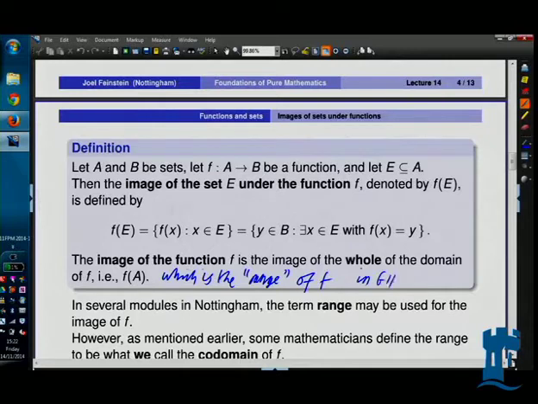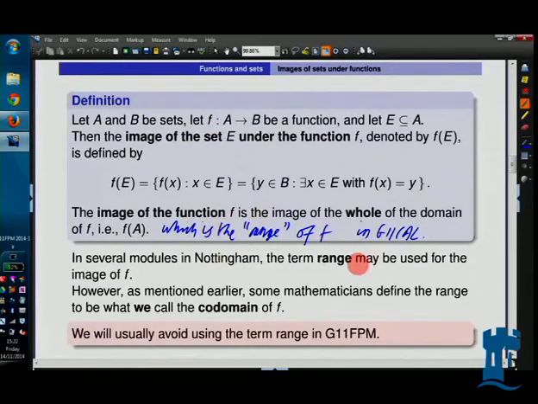In calculus, so it's not a new concept, except that the only thing that might be new here is that you might not be used to applying it to subsets rather than to the whole thing. As it says here, you might use the term range, but in Cambridge I think they generally use range to mean the codomain, which is different.